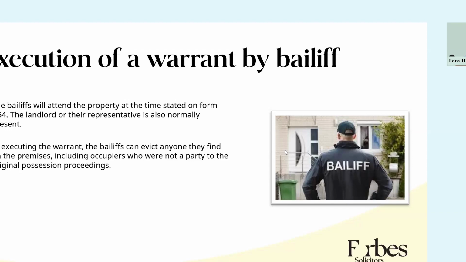So somebody's asked, how do you apply to accelerate the 14 days to 7 days? In cases where we've done this previously, we've done it where an application to suspend the warrant has been made, but where we were asking for that application to be dismissed and for the warrant for eviction to go ahead, but for that to be at 7 days rather than the 14 days.